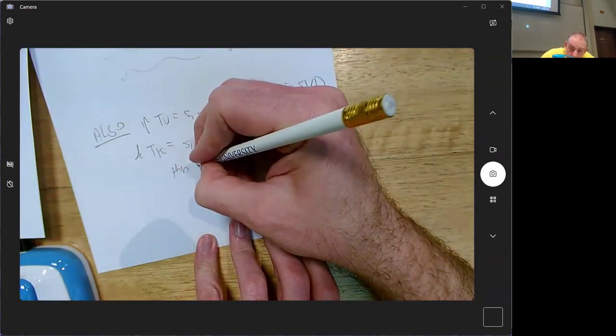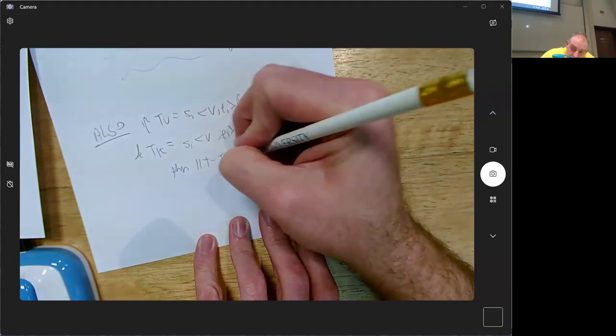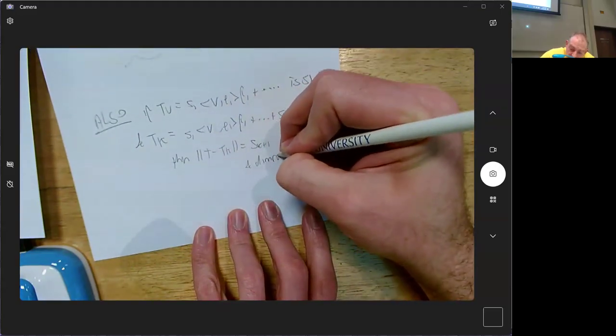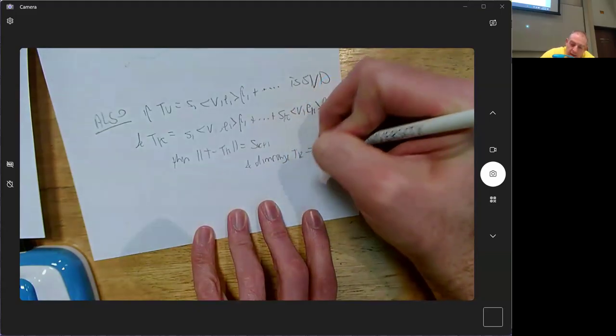Then the length of T minus T_k is s_{k+1}, and the dimension of the range of T_k is k.